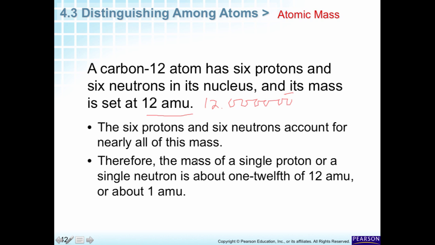Remember we said that an electron is about 1/1827 of a proton, so a very, very small amount. Twelve electrons are not going to change it too much. So a single proton or a single neutron is about 1/12 of carbon-12's mass, so it's about 1 AMU. So a neutron and a proton both have a mass of approximately 1 AMU.